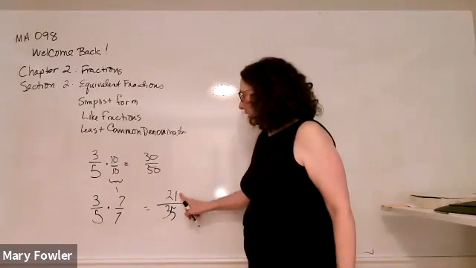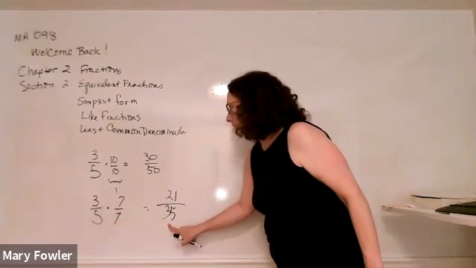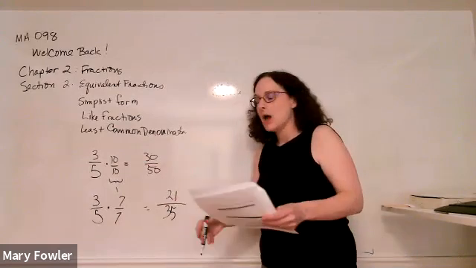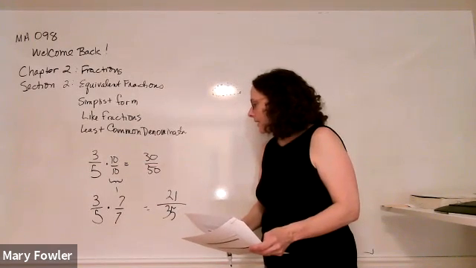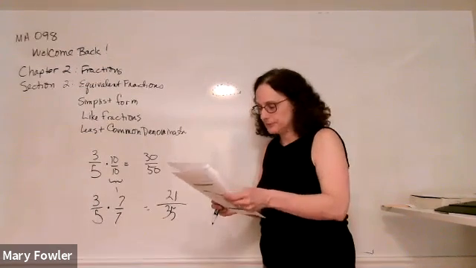So we see that 3/5 is equivalent to 21/35, and that is equivalent to 30/50. So all of these are equivalent fractions.